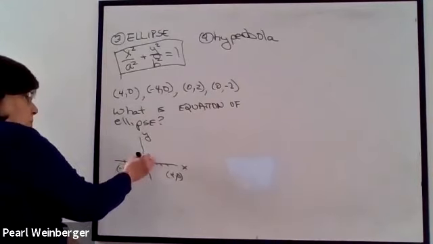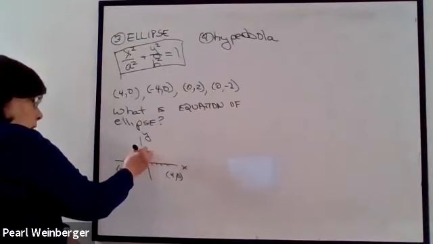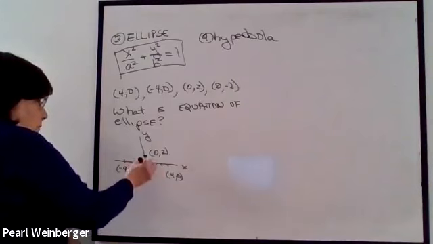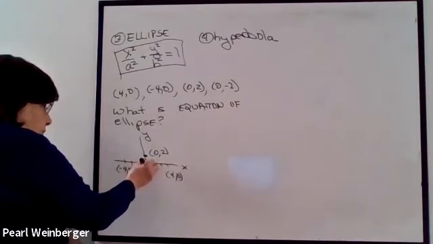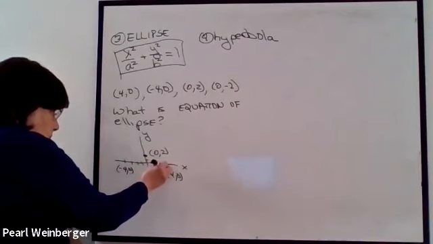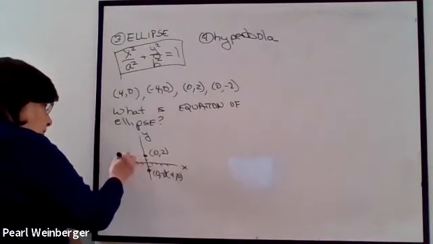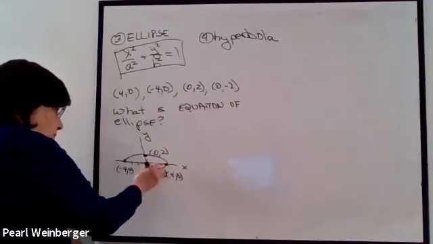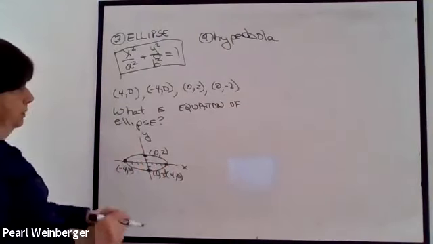Then we have (0, 2), so that's 2 up, and (0, -2) is 2 down. And if we connect all 4 of these points, that's going to give us a picture of our ellipse.